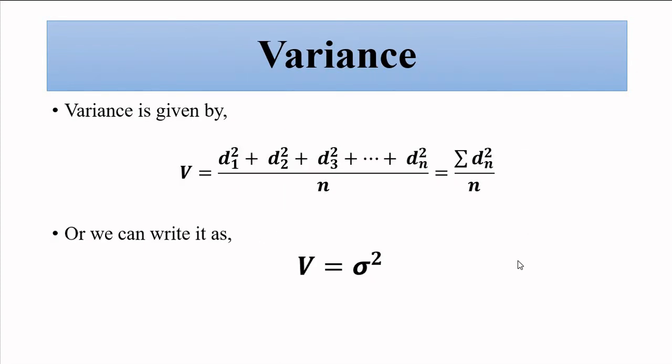Again, for the number of readings less than 20 or less than 30, in some cases you'll find this n will be replaced with n minus 1.